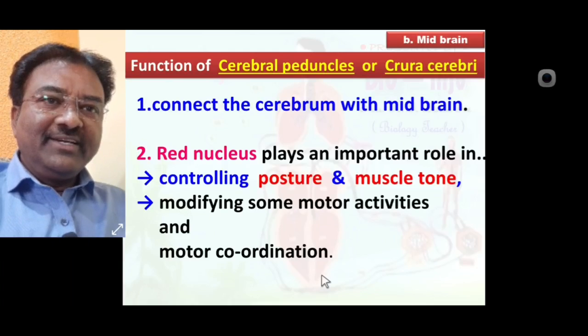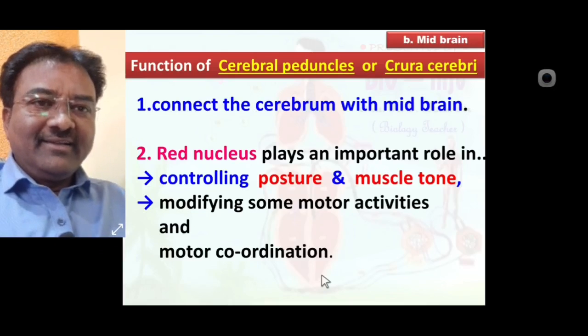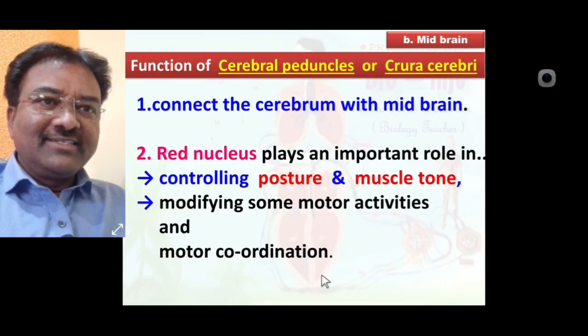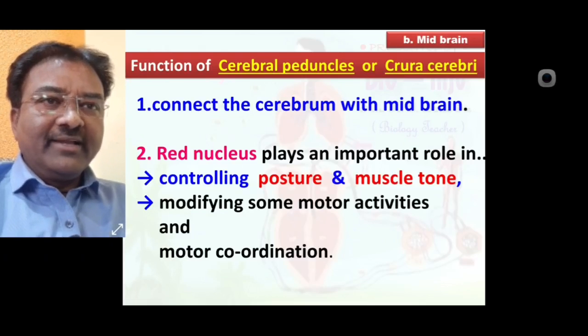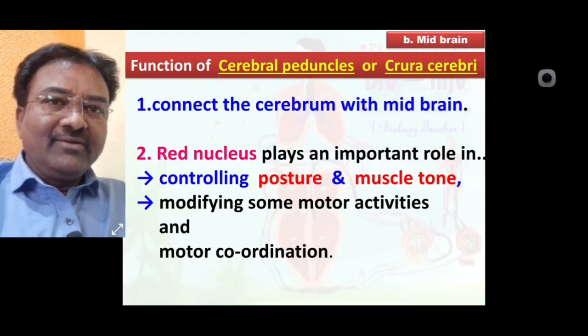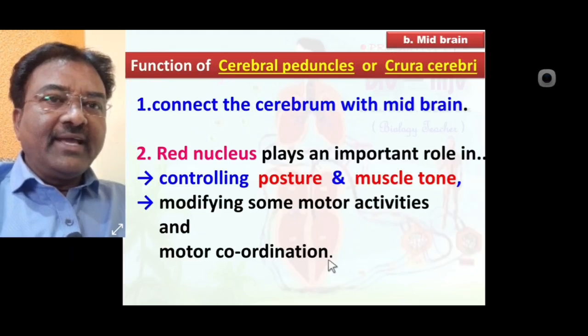Up to this we discussed in detail that cerebral peduncle or Crura Cerebrae is one of the parts of the midbrain, and this discussion is completed. Midbrain consists of two parts: corpora quadrigemina and cerebral peduncle.